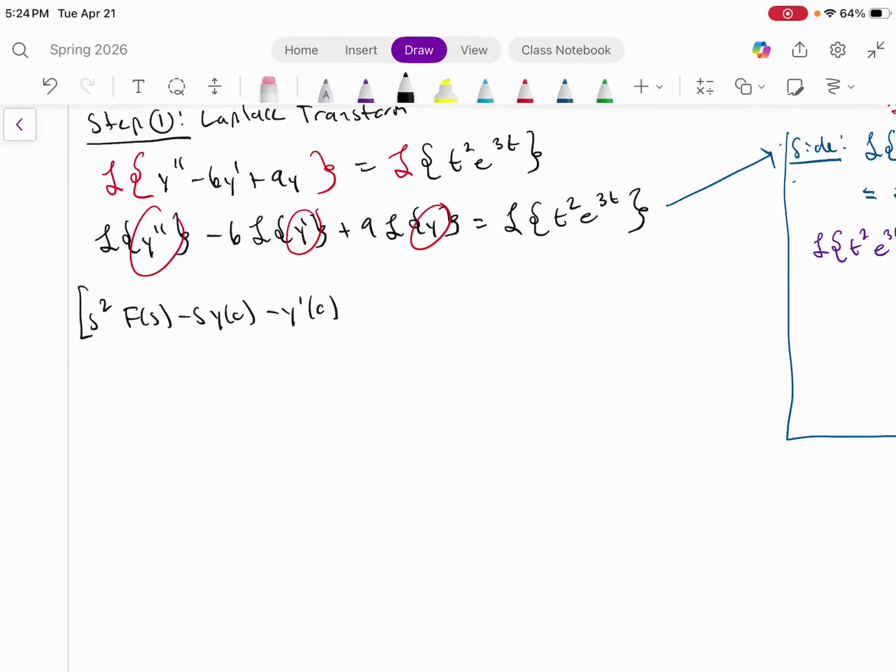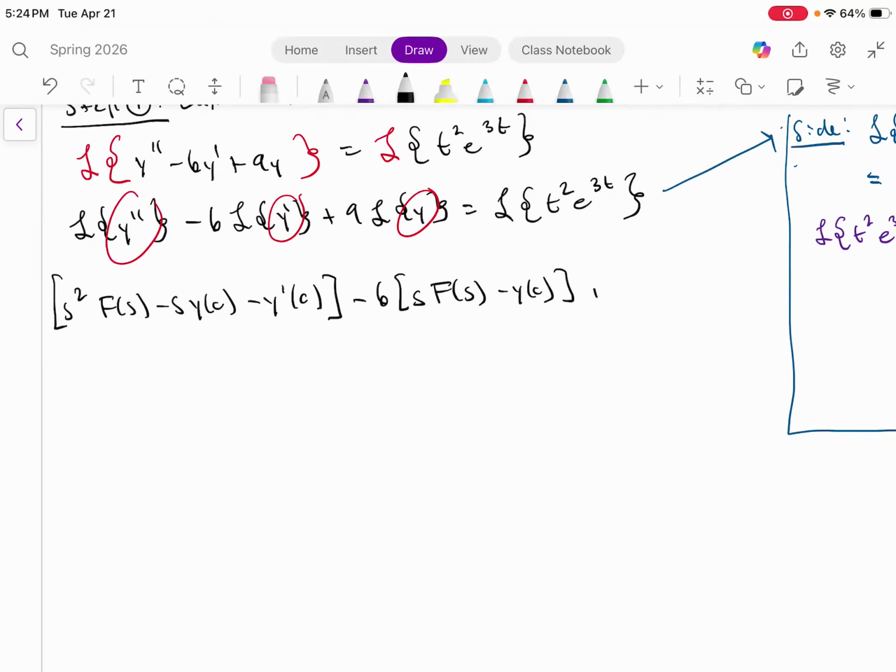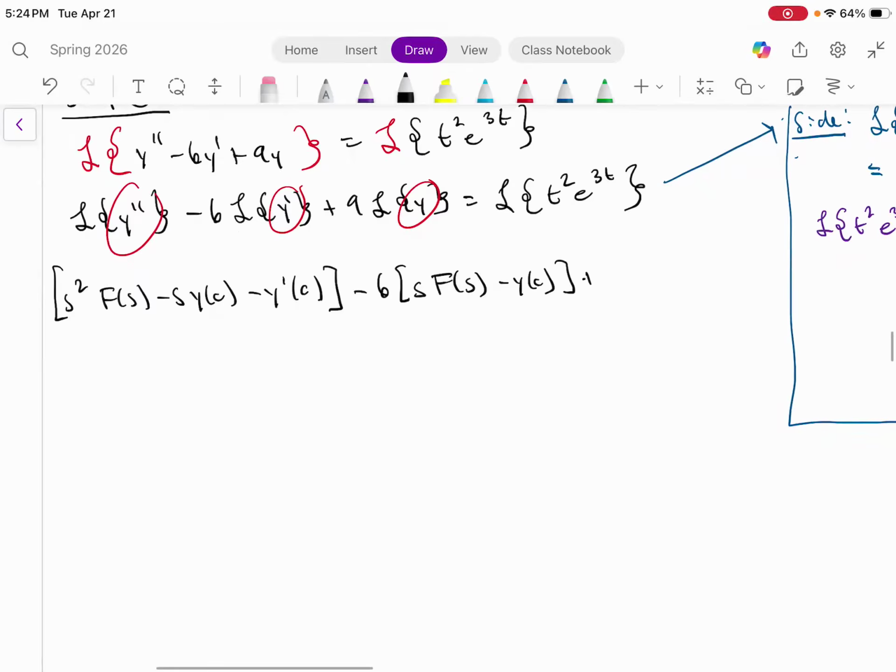I'm going to put brackets here just to show that's the double prime. And then minus 6 times s times F of s minus y naught, plus 9 Laplace of y, which is just F of s by definition. And this is going to equal what we just found, 2 over s minus 3 cubed.